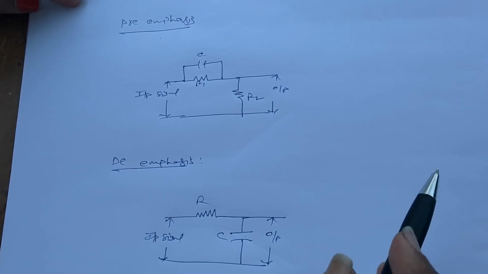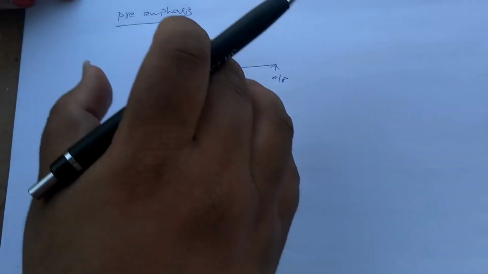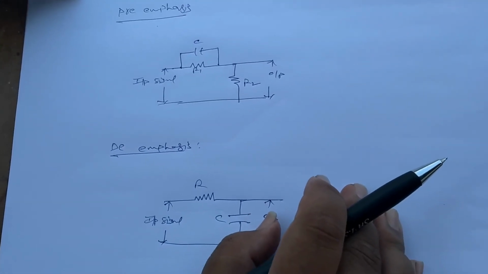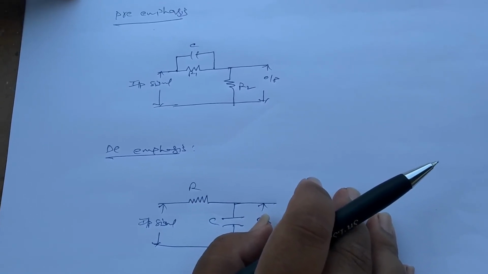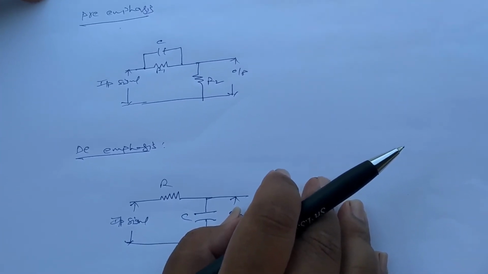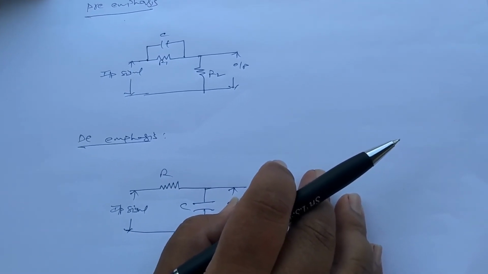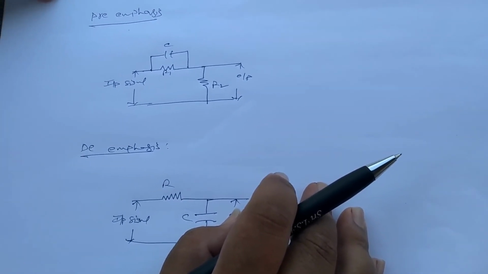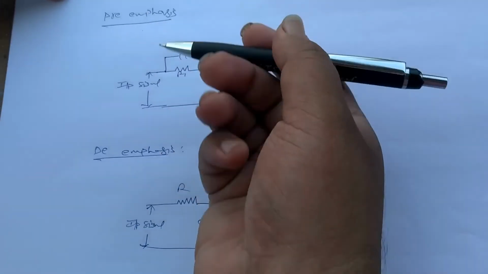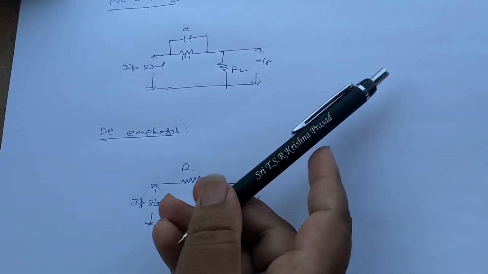So in the FM transmitter and receiver circuit diagram, we can identify the positions of pre-emphasis and de-emphasis, and these concepts are meant only for frequency modulation, because we are using the differentiator or slope detection for FM. So these are the concepts of pre-emphasis and de-emphasis.